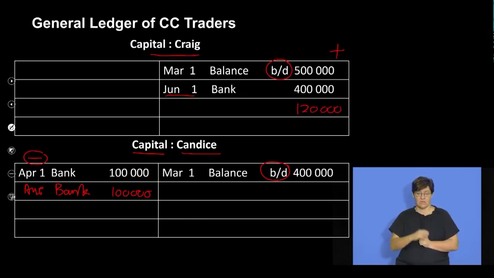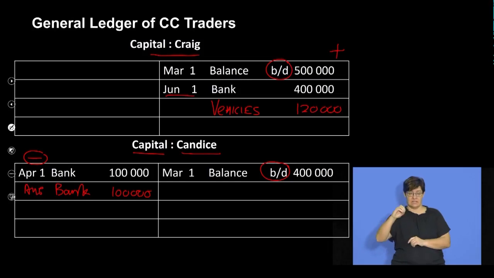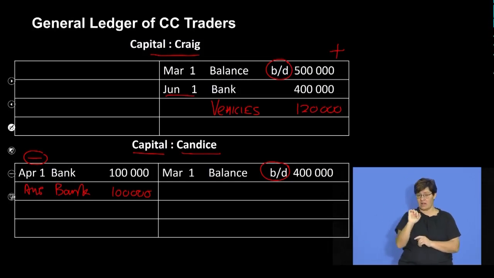And please remember, guys, it's not going to be bank, but the other account affected would be vehicles. So this would also be recorded as vehicles 120,000. Remember, vehicles will be debited with the 120,000, and this is happening in the month of August.